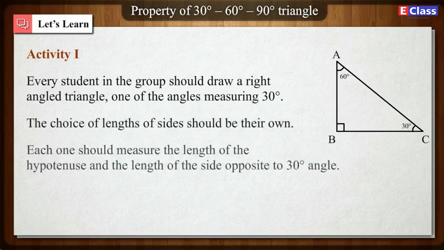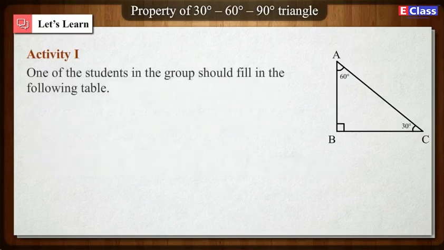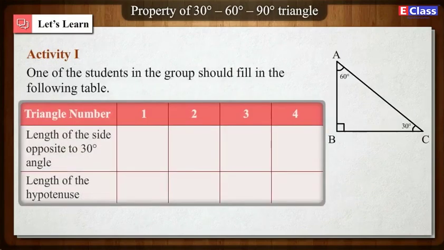Each one should measure the length of the hypotenuse and the length of the side opposite to 30° angle. One of the students in the group should fill in the following table. Triangle number, length of the side opposite to 30° angle, length of the hypotenuse.